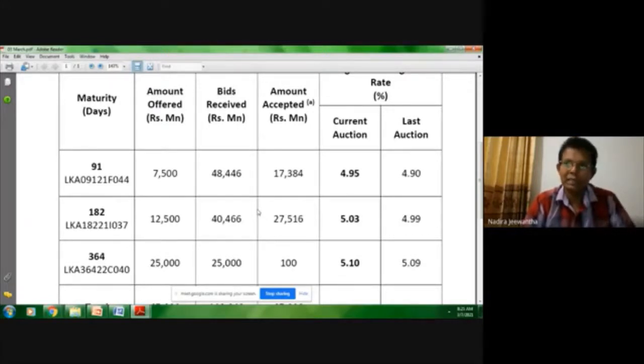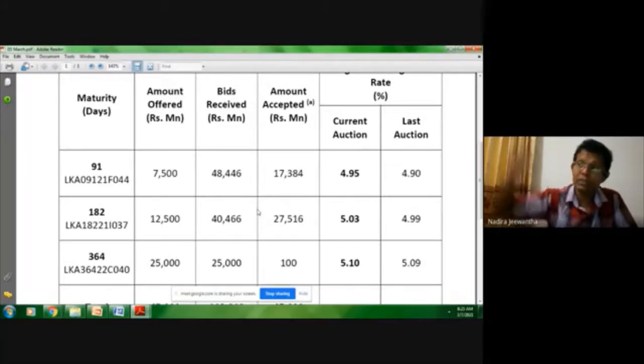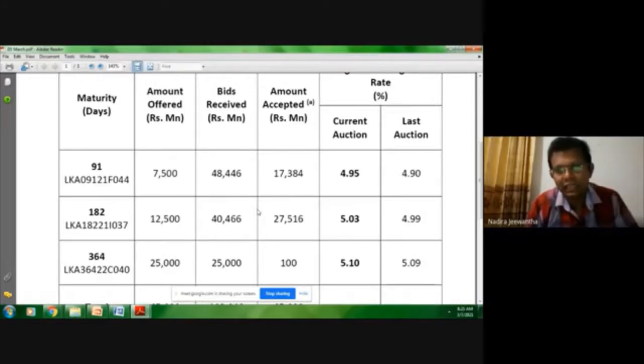What do you mean by this? Anything in excess in the banking system, banks and private dealers can deposit the excess amount in the central bank.